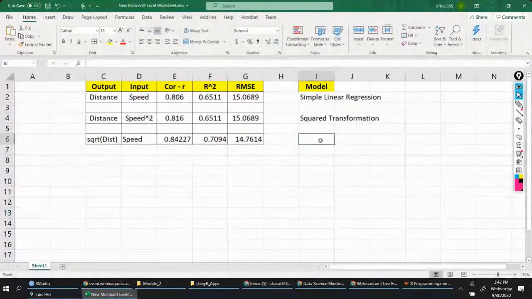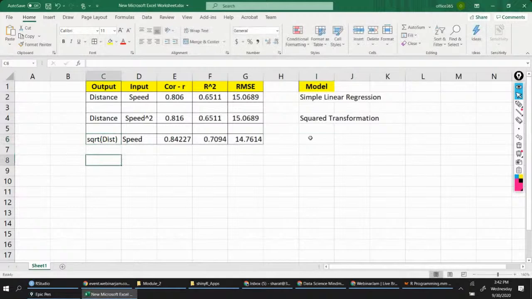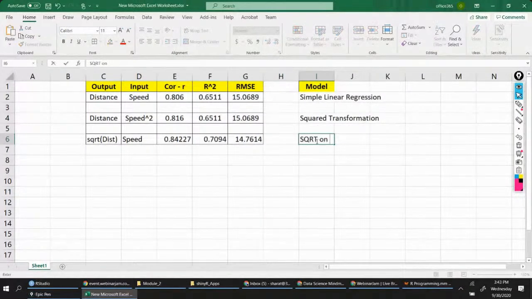Right? Now here, what did we do? The transformation we did is square root. But how did we obtain the original result? By doing squared transformation. Here the model is called a squared model, but the transformation is done as square root on y.